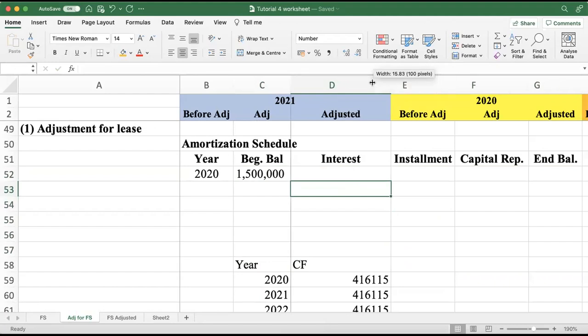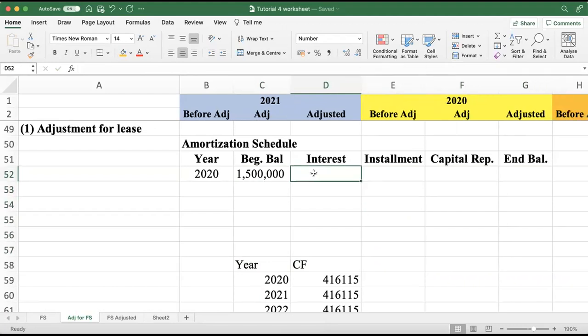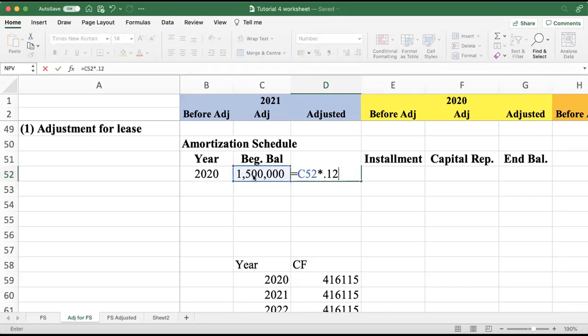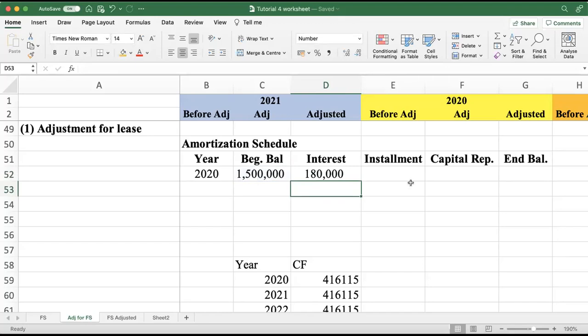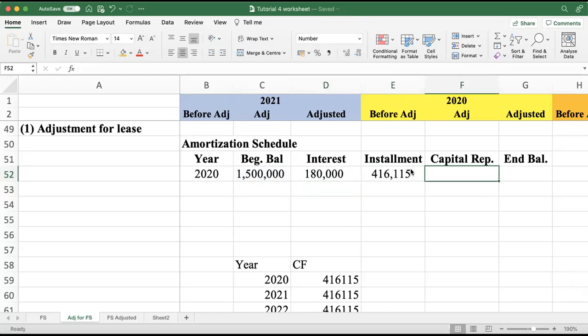Then interest: 1.5 million beginning balance into 12%. Installment is 416,115. Out of 416,115, the interest component is 180,000.